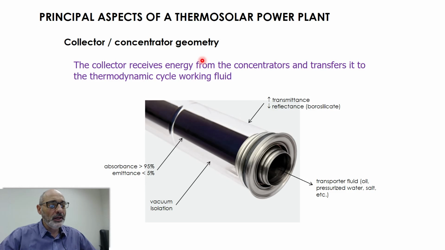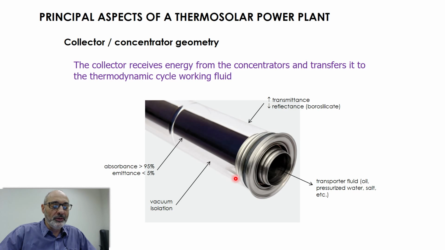Taking a closer look at the collector. There were several types a few years ago, but today this kind of became a commodity. So it's a vacuum tube. We're going to make a thermal analysis of this system. So you have a tube, the internal tube here, and the fluid. The primary fluid flows inside the tube. The objective is to heat the primary fluid, which can be oil or pressurized water or even liquid salt.